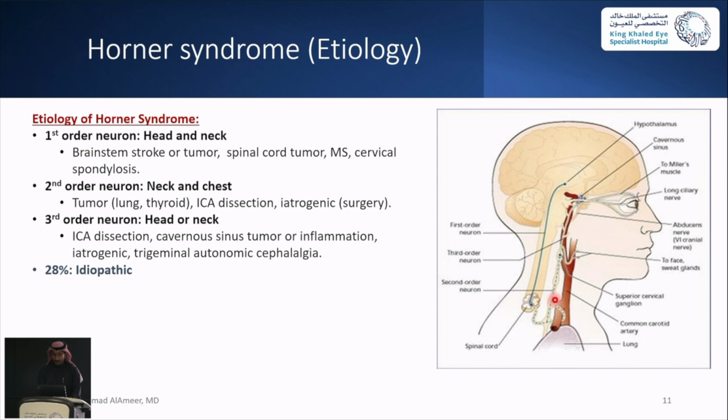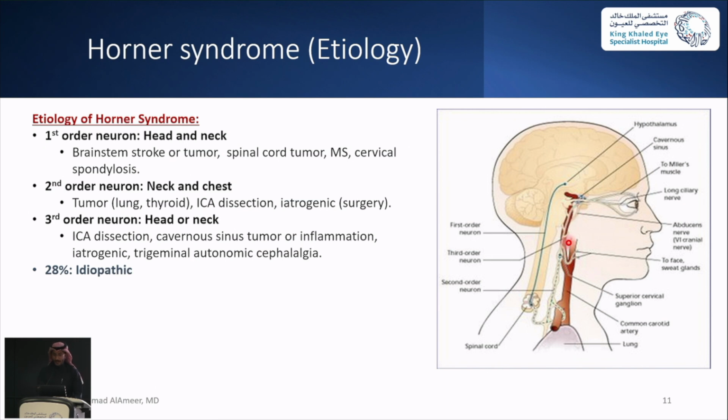And then it goes to the superior cervical ganglion at the bifurcation of the common carotid artery, here at the angle of the jaw. This is the second order neuron. And from there, the third order neuron starts. So anything prior to this is called preganglionic. Anything after the superior cervical ganglion is called postganglionic.